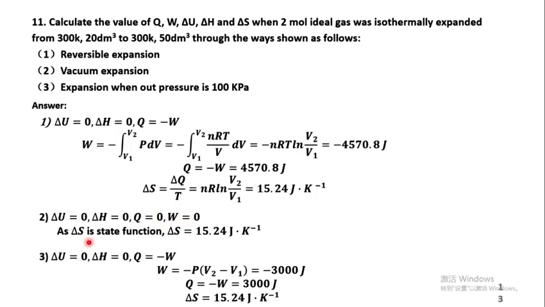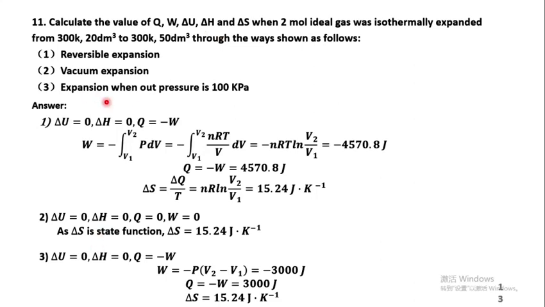And because S and U are state functions, the change for S and U in a process is just related to the initial state and the final state of this process.